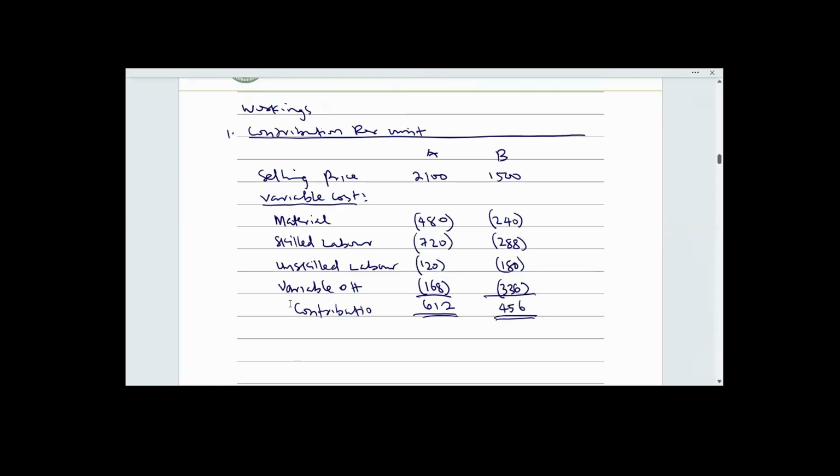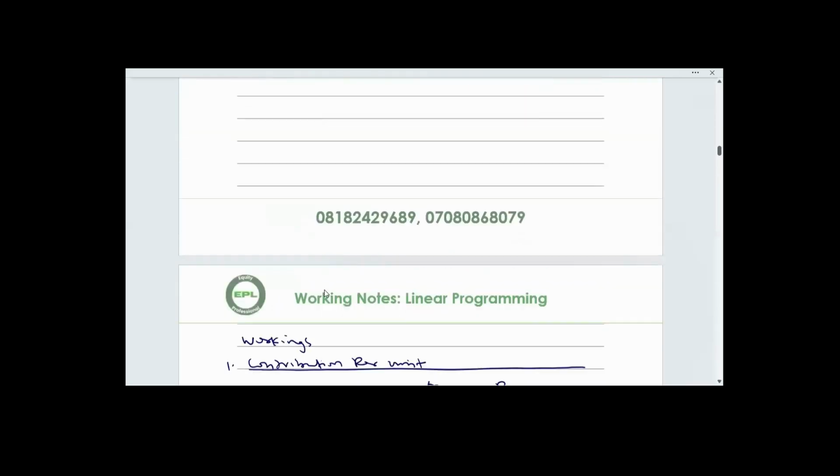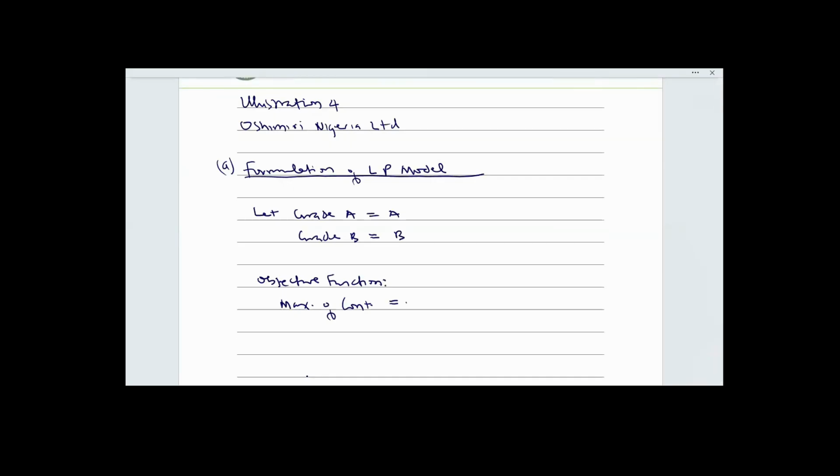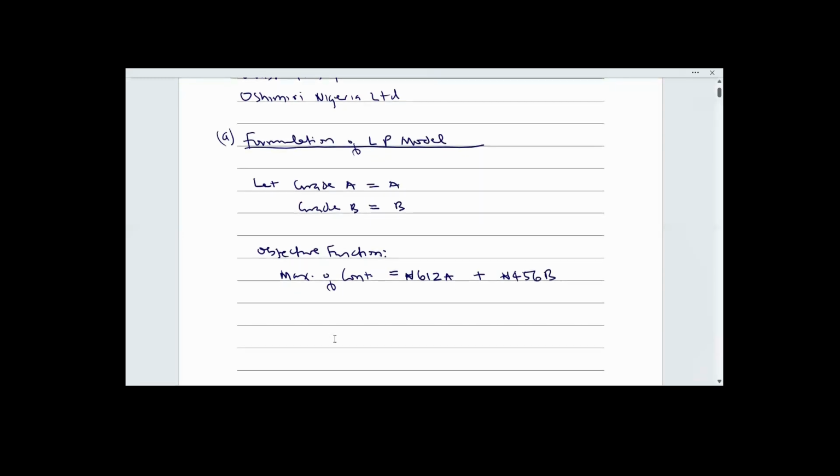So this represents the contribution per unit. With this, I need to state my objective function. So here is 612 of A plus 456 of B. So I've stated the objective function.